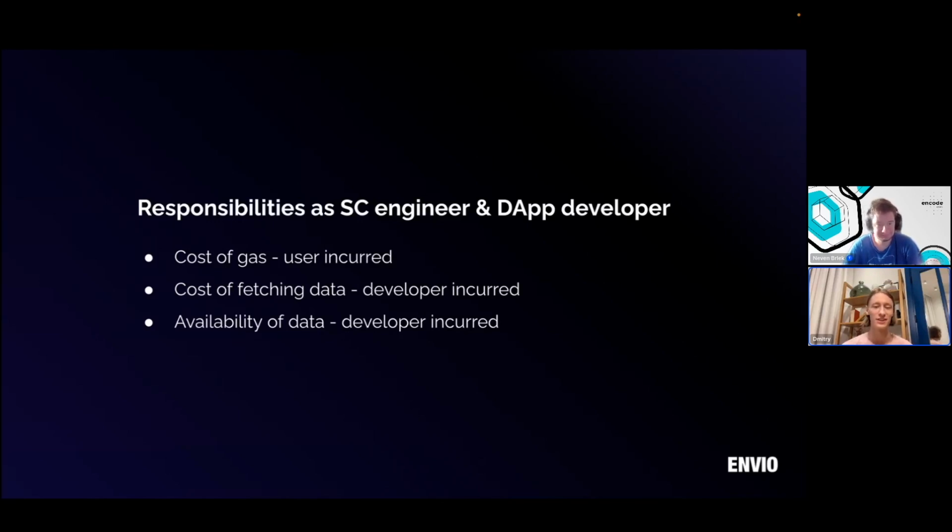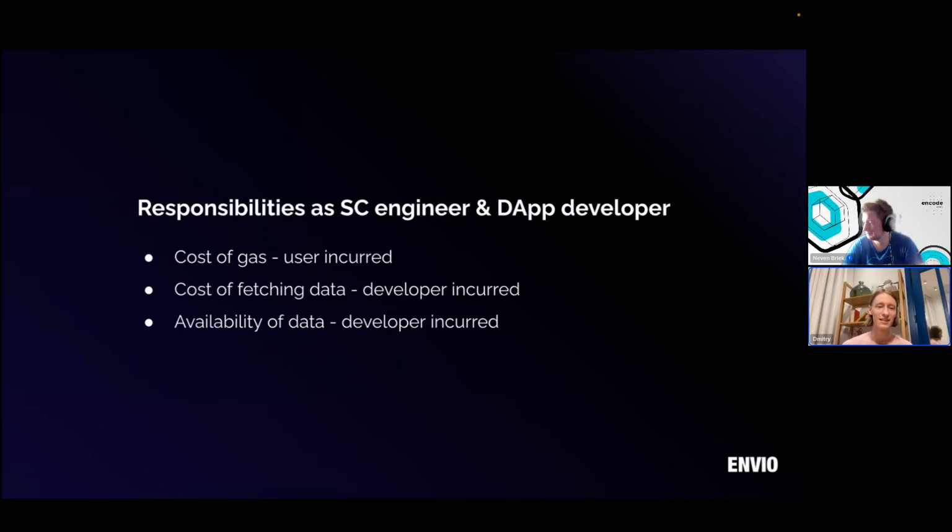So it's the cost of fetching and reading data from the contract, and this is on us developers to pay. And also the availability of data, how fast we can get the data, so we can create analytics immediately whenever we ship a new protocol on chain or our users have a nice developer experience, and this cost is also developer incurred.